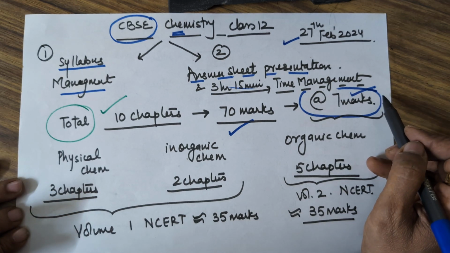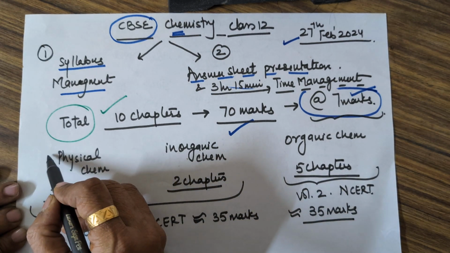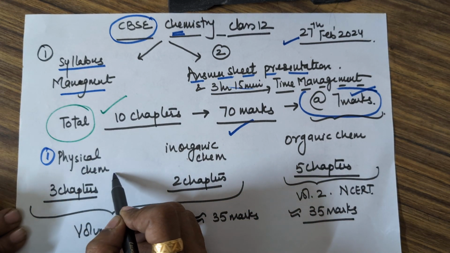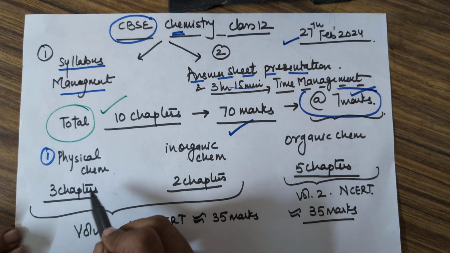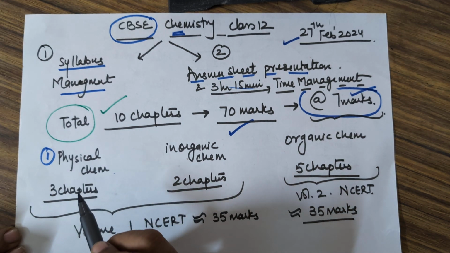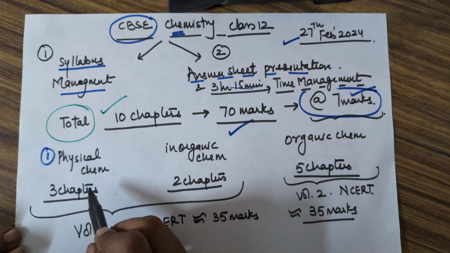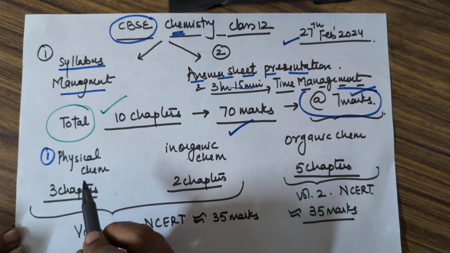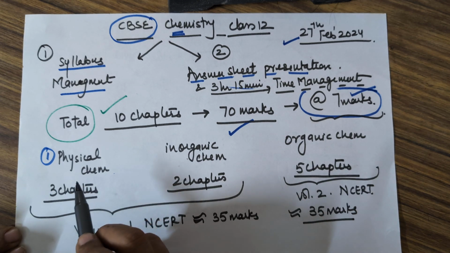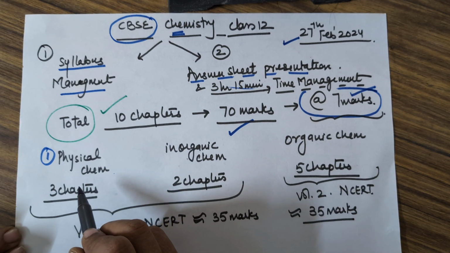Now, I would advise that what you have in your syllabus, the first point, is your physical chemistry. There are 3 chapters of physical chemistry which will require numerical practice, and your formulas for numericals should be on your tips when you prepare for them. I don't advise you to practice 100% of your numericals.